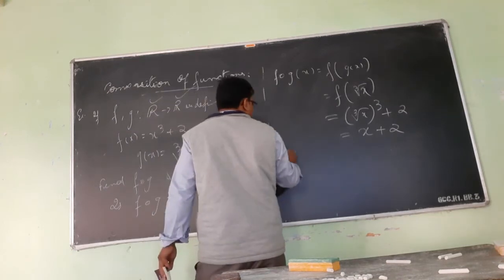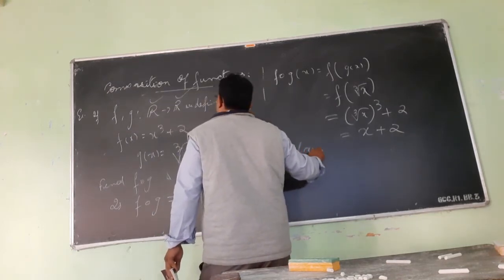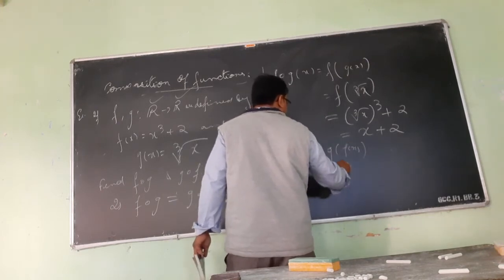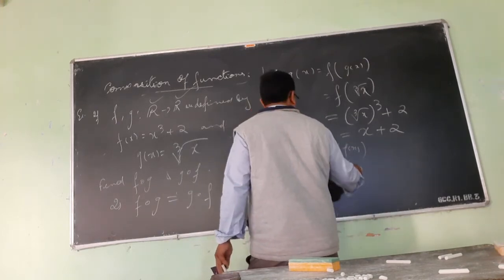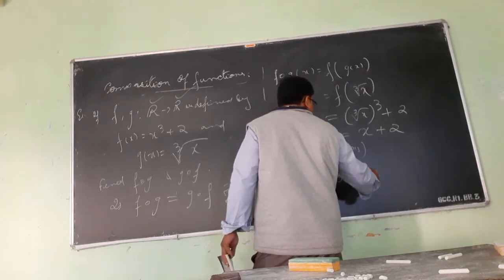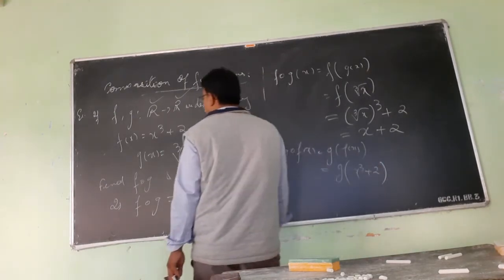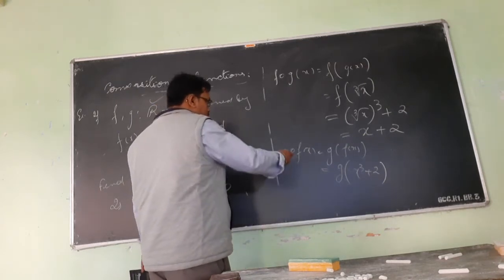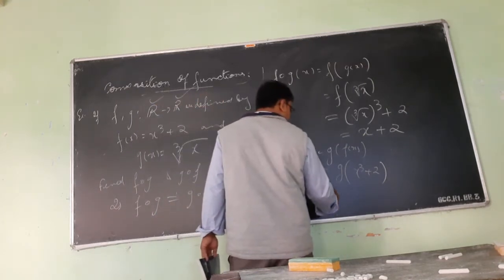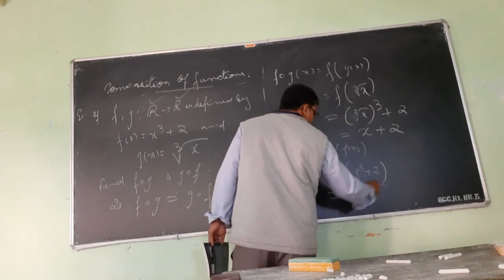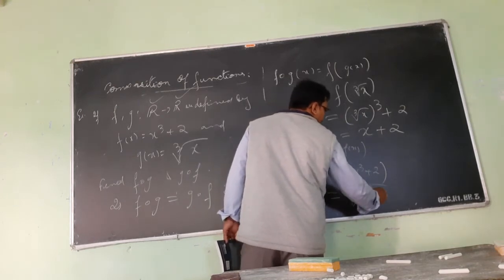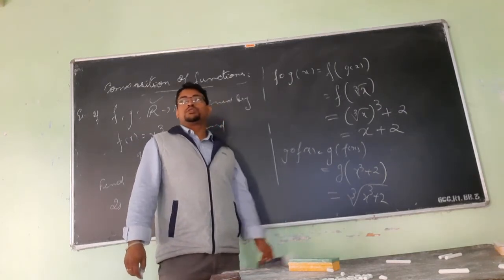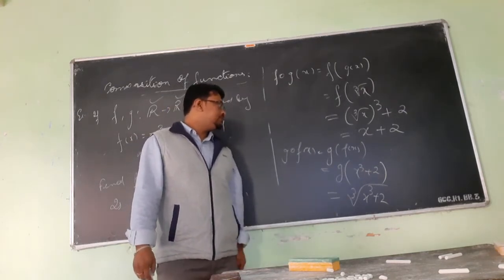And GOF of x will be g of f of x, which is g of x cube plus 2. So this is the cube root of x cube plus 2. So they are not equal.